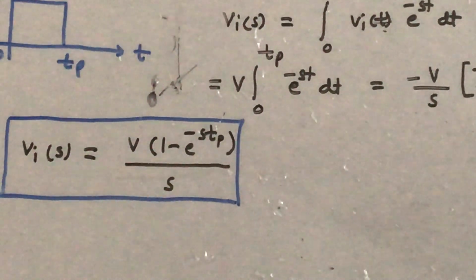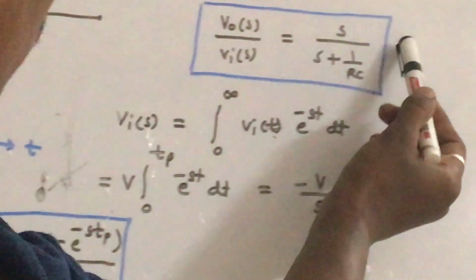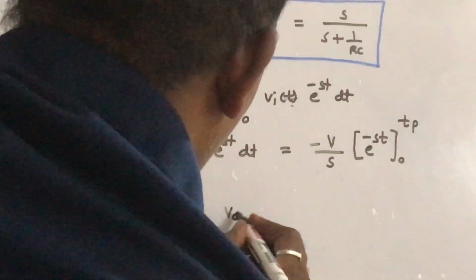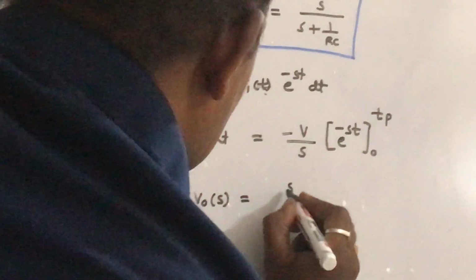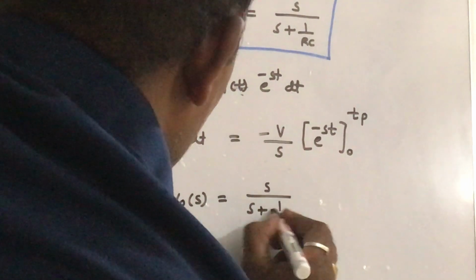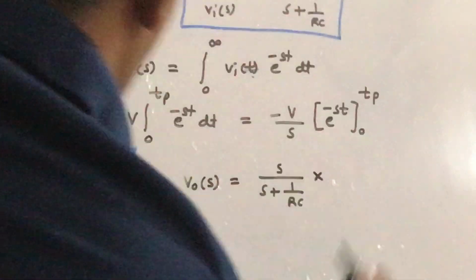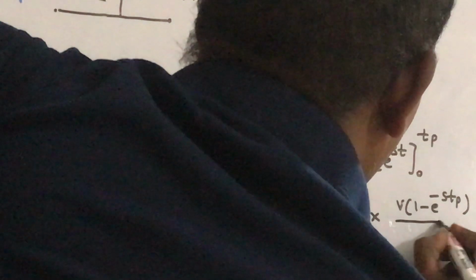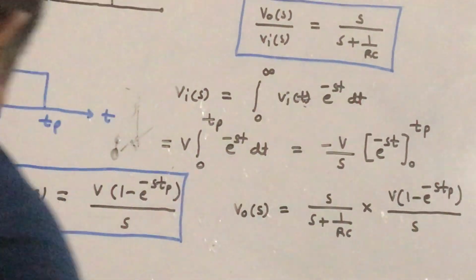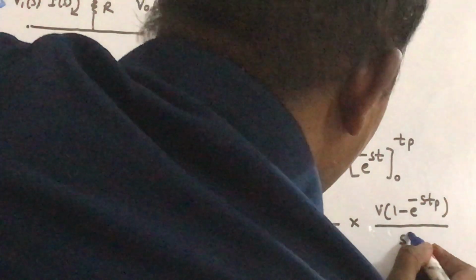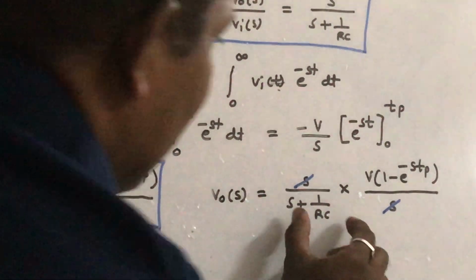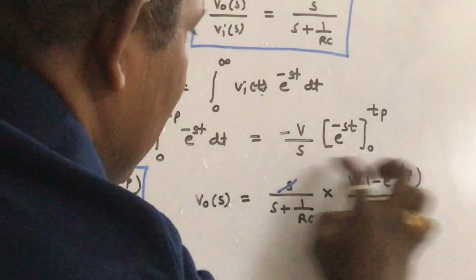In order to find V0 of S, take Vi of S to this side and substitute. So V0 of S is equal to S by S plus 1 by RC into Vi of S, which is V into 1 minus e power minus STp by S. Cancel out S and S. Now we separate these terms.